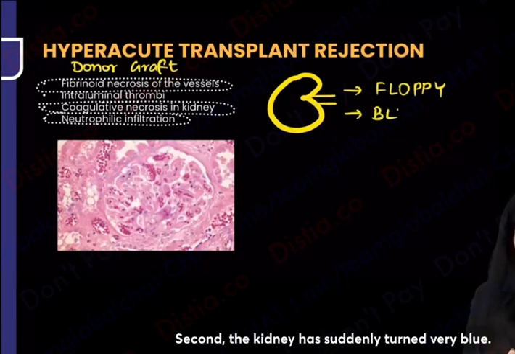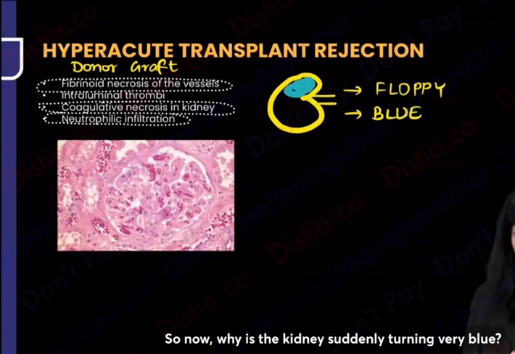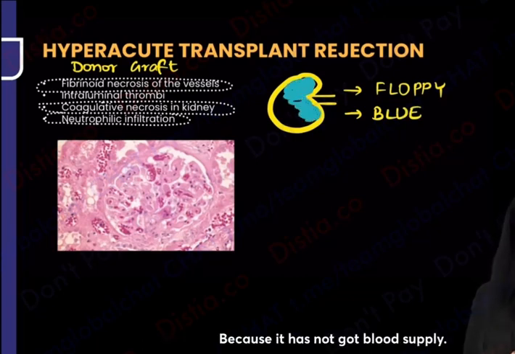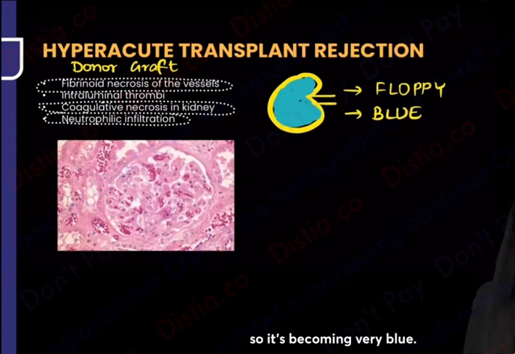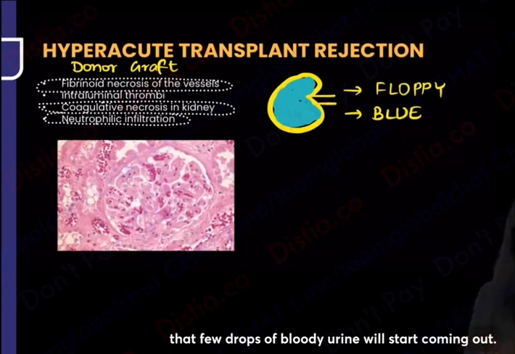Second, the kidney has suddenly turned very, very blue. Why is the kidney suddenly turning blue? Because it has not got blood supply. Everything is dying, all necrosis is occurring, so it's becoming very, very blue. And also there will be a realization that a few drops of bloody urine will start coming out.